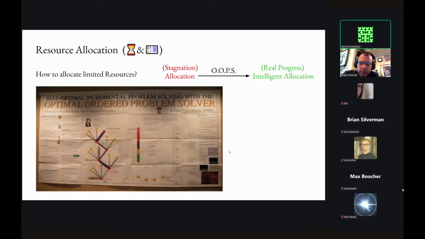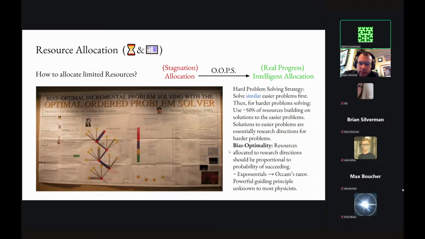there are some lessons to be learned from the optimal ordered problem solver paper, which is a machine learning paper, but it's not a machine learning talk, remember? He brings some resource allocation strategies in this paper and proves that these are optimal.